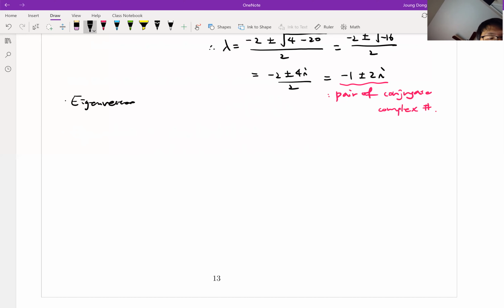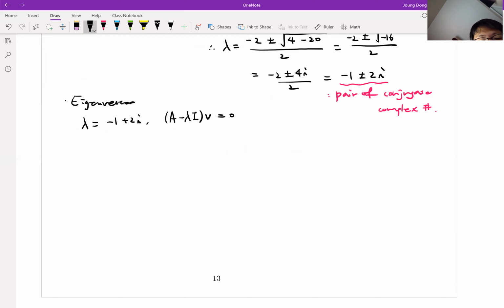The corresponding eigenvector: my lambda is equal to negative 1 plus 2i. Again, you don't have to worry about the minus 2i case. To find the eigenvector, you need to set up (A minus lambda I) v equal to 0.